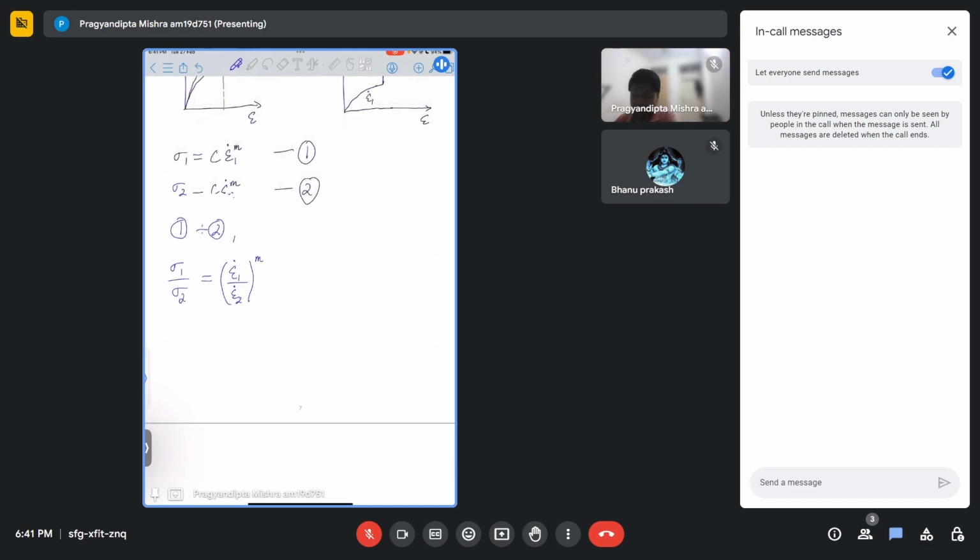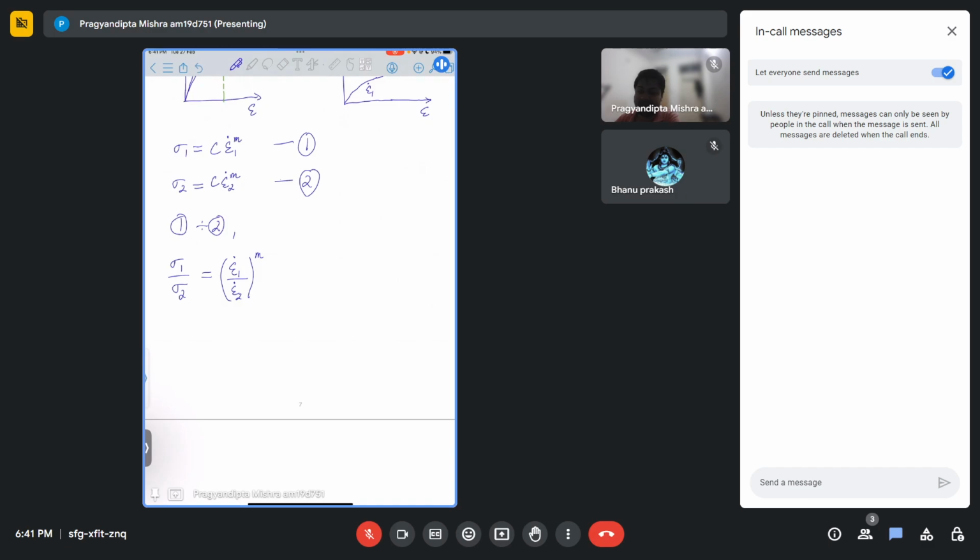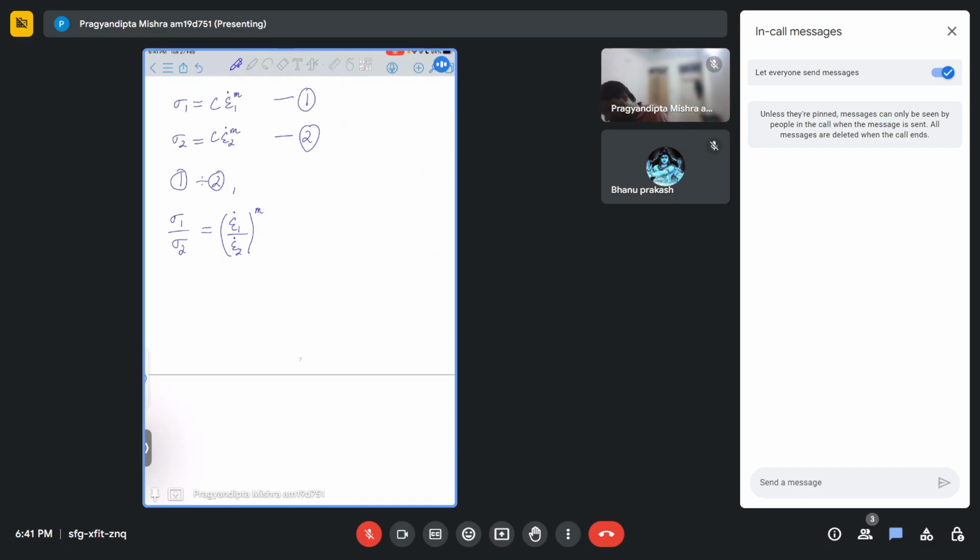Or further, if I want to simplify in terms of M, this would look like M is equal to ln of sigma 2 by sigma 1, divided by ln of epsilon 2 dot by epsilon 1 dot. Alright? So this is my relation.